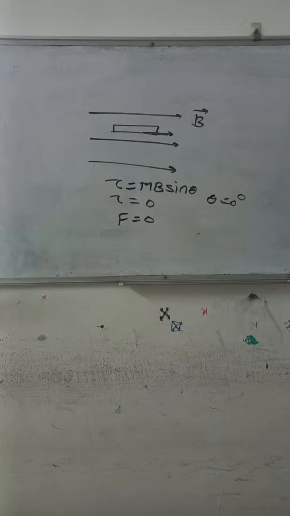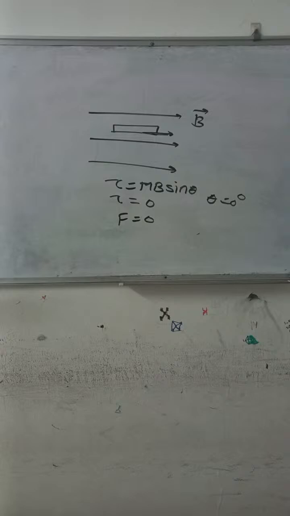Now write down the next question. Which of the following statements is correct? First, magnetic field lines do not form a closed loop.